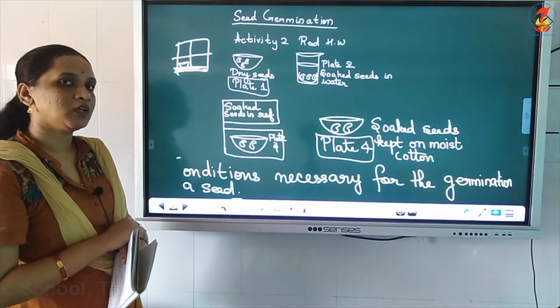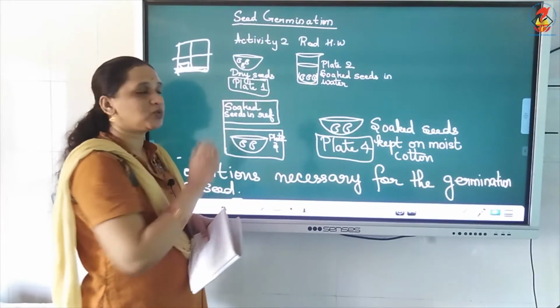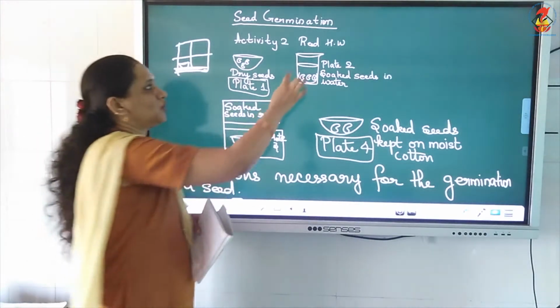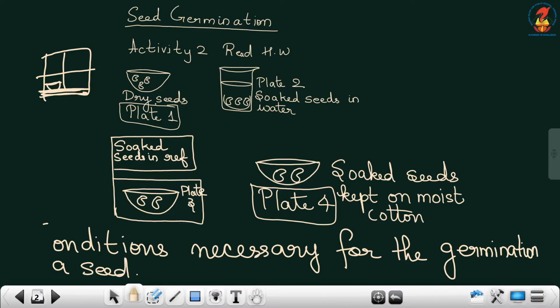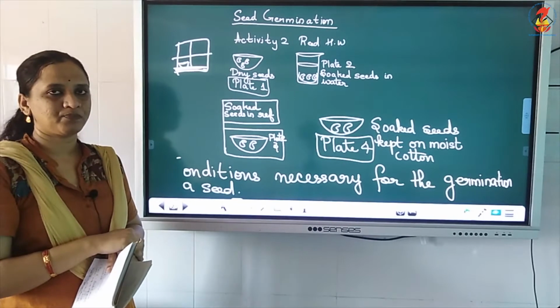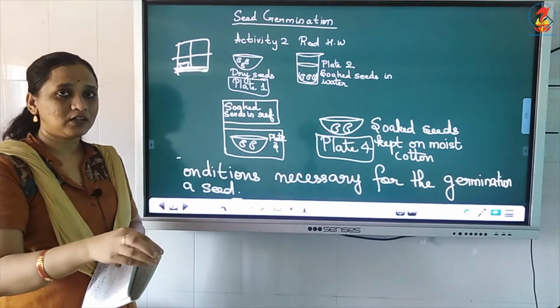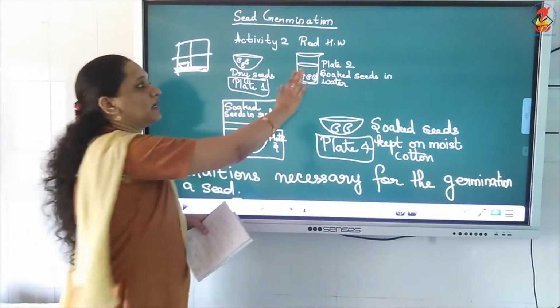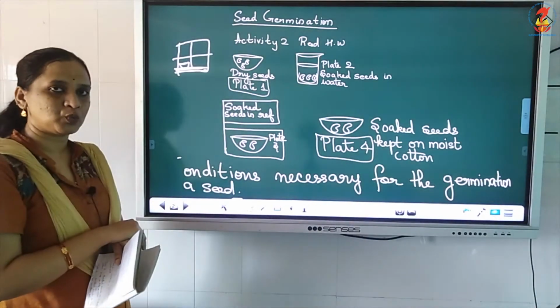Similarly, you take plate 2. You take a vessel filled with water and you keep the seeds in it. So you soak the seeds in water, keep it in water and let it be. That is plate 2.